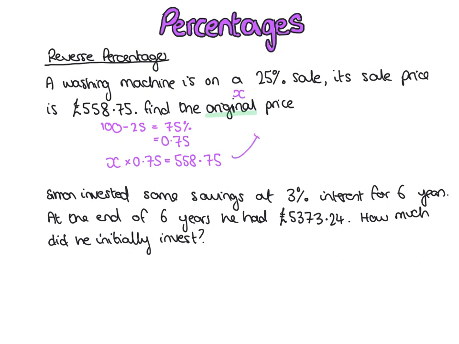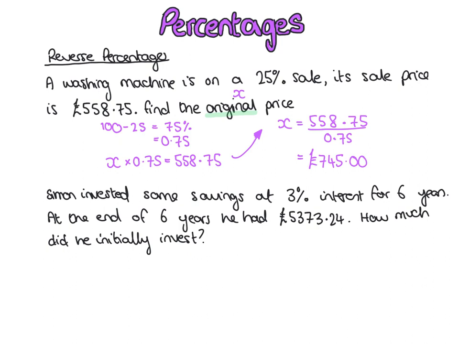How do we work out x? Rearrange that, so x is 558.75 divided by 0.75, which gives us £745 exactly.